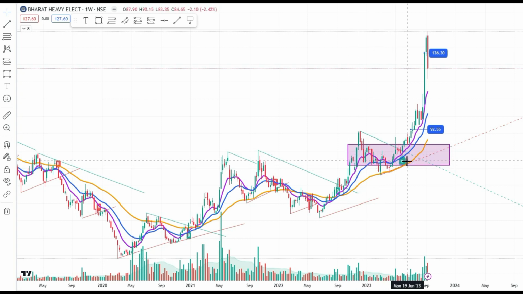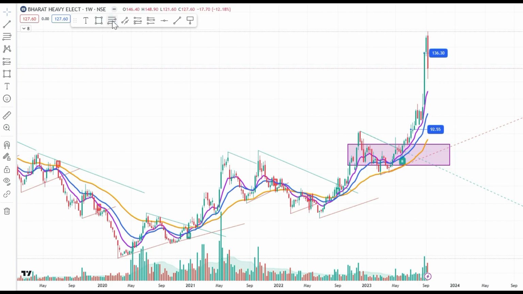This is a weekly chart, remember. So when it broke out, it did not give much period for consolidation. When it reached 100, it was hovering under that region for 4 weeks. And then suddenly it went to 150. And in 2 days, it was back at 121.